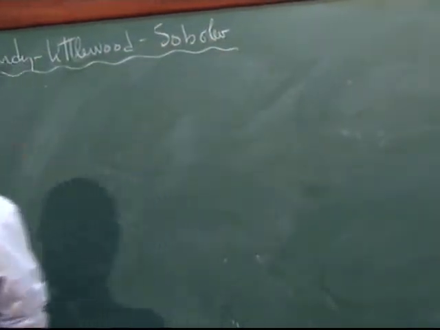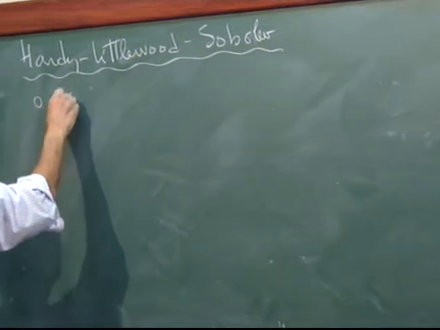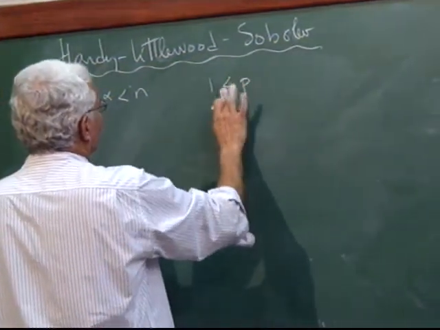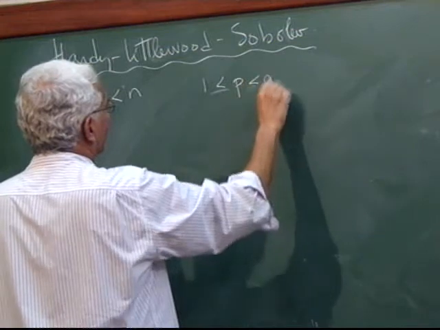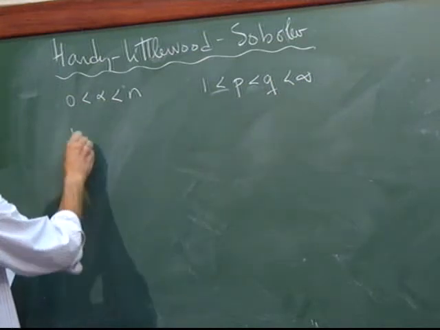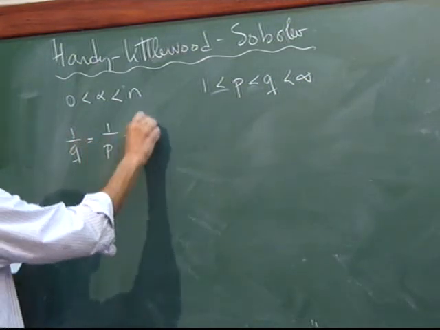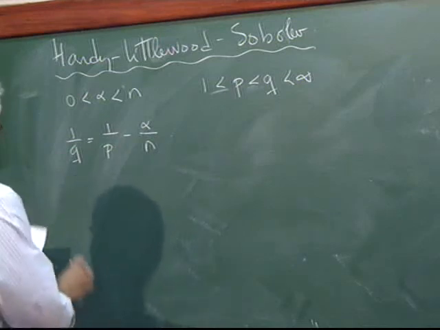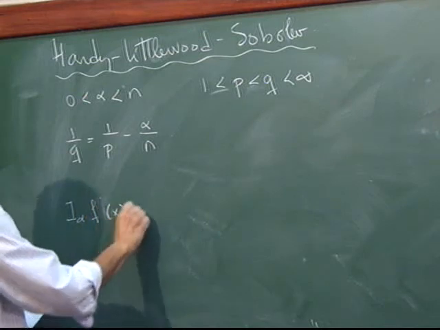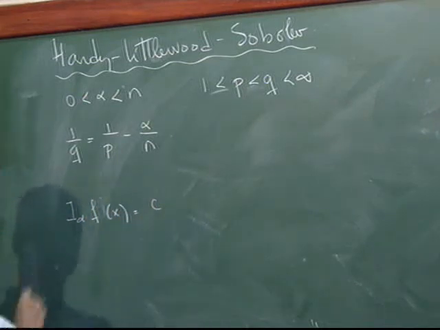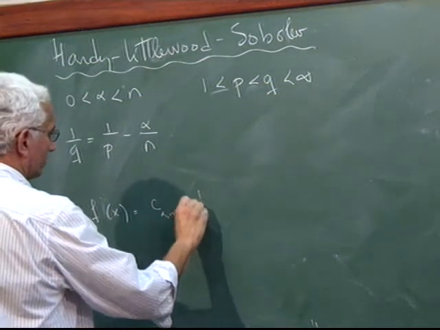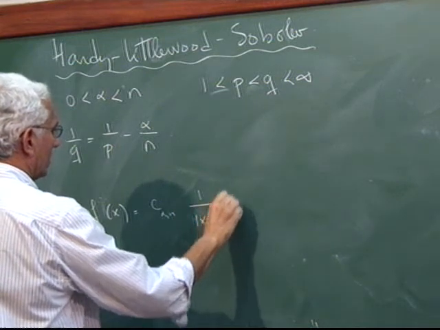What does the Hardy-Littlewood-Sobolev estimate say? Suppose that you have a number alpha between 0 and the dimension n. Suppose that p is less than q, less than infinity, with 1 over infinity equal to 0, and suppose that you have this rule: 1 over q is 1 over p minus alpha over n. And suppose that you take this convolution, I_alpha of f as a function of x, is some constant that depends on alpha and n, convolution of |x| to the alpha minus n with f.